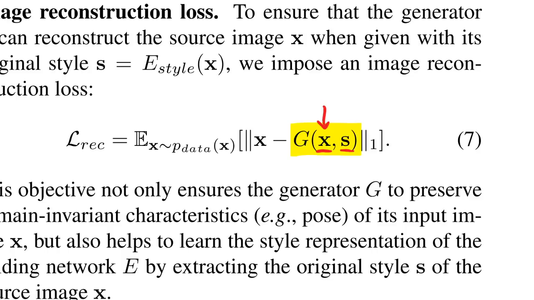So we go with X to the E, and we put the style here, and we tell the generator, if I input the source image and its own style, then what you give me back better be the source image itself, right? This is a consistency loss.